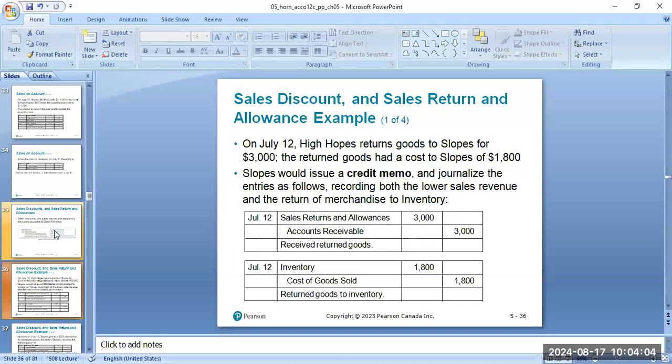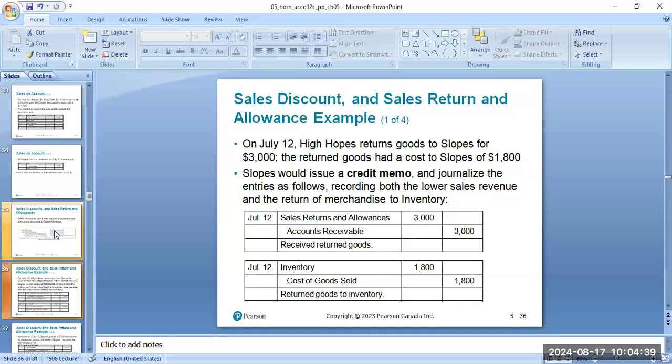First, we're going to reduce the accounts receivable by the $3,000. Debit sales return and allowances. Again, that's a contra account to the sales revenue. The contra account means the opposite side of the sales revenue. As you remember, revenue is always on the credit. Now, sales return and allowances is on the debit side. And we're reducing our accounts receivable by the $3,000 on the credit side.